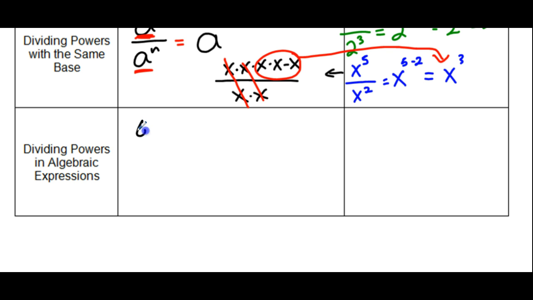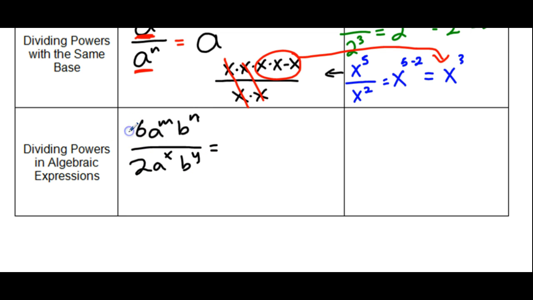So something like 6 a to the m, b to the n, divided by 2a to the x and b to the y. In this case, we have a couple of things, right? We're going to use our rules to simplify this as much as we can.